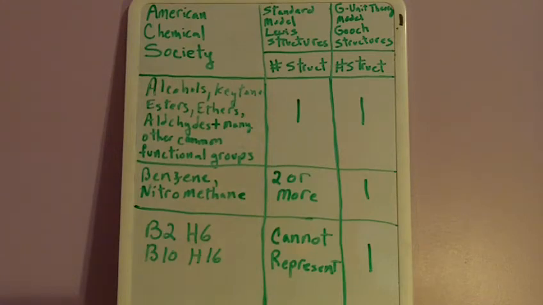In the case of molecules such as B2H6, B10H16, and many others, standard model Lewis structures simply cannot represent these molecules.